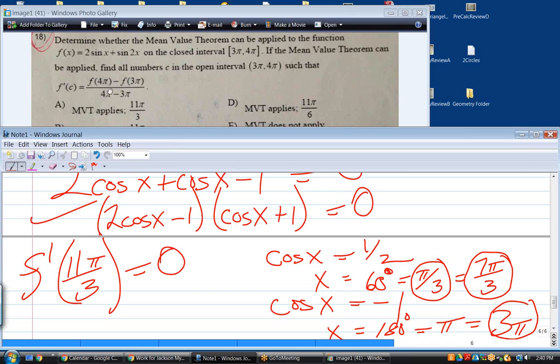So the mean value theorem says that somewhere between 3 pi and 4 pi, there is going to be a point where the derivative evaluated at that point is going to have the same slope as this average change. This average change was 0. So what C between 3 pi and 4 pi is f prime of C equal to 0?